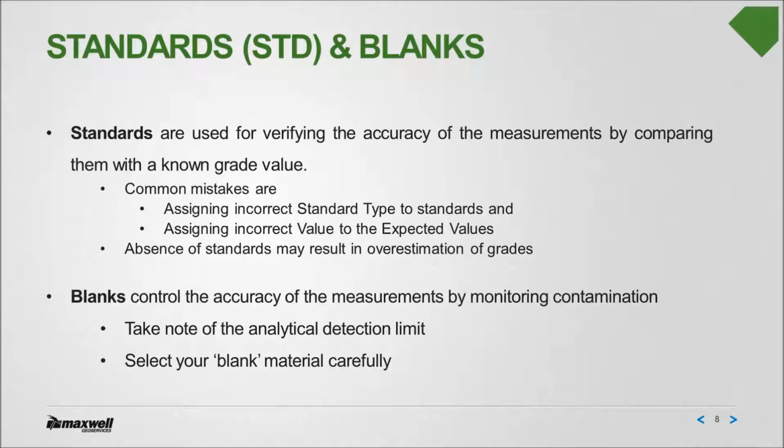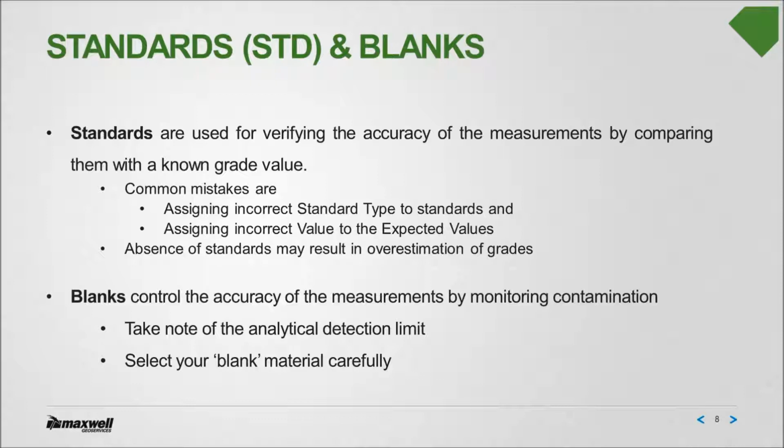Blanks also help us verify accuracy, and that's by monitoring contamination. We have to make note of the analytical detection limit, because when we say it's below detection limit, and our analysis has like 0.3 as the minimum that it can detect, then we will have 0.3. So when we are replacing these values in the datasheet, we either put a negative value or half of the result.